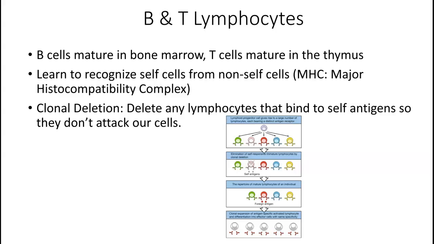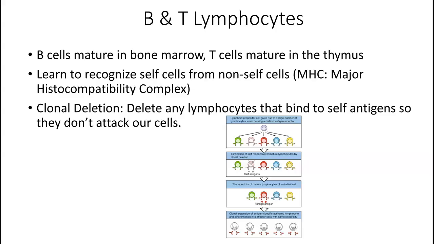We talked about how we all have these self antigens, MHCs, major histocompatibility complex, that our immune system needs to recognize. So we talked about this training and how they undergo clonal deletion.